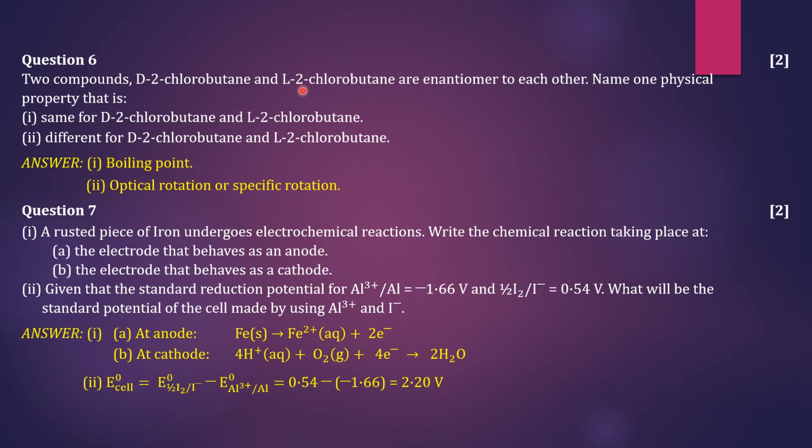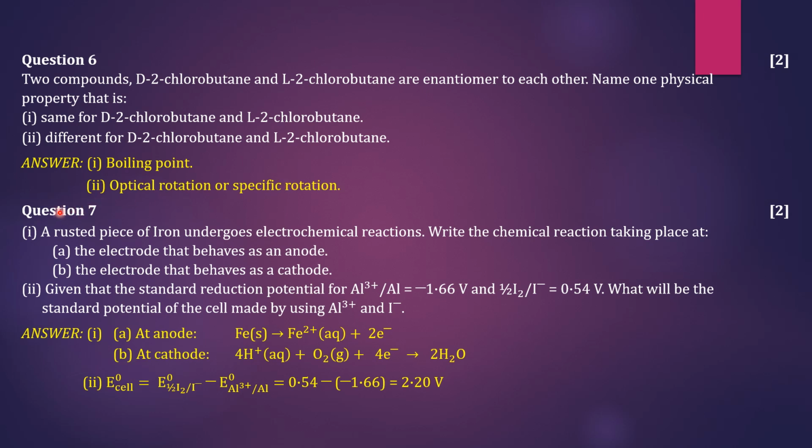But if you use an optically active reagent reacting with these two enantiomers, the speed of reaction will be different for the two. Though that is somehow related to chemical properties, not physical property, because it is chemical reactivity or speed of reaction. So better write optical rotation or specific rotation, or you can write angle of rotation, that will also be correct. All these three will be correct.